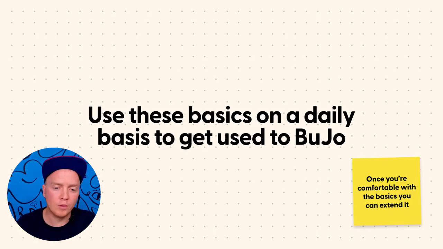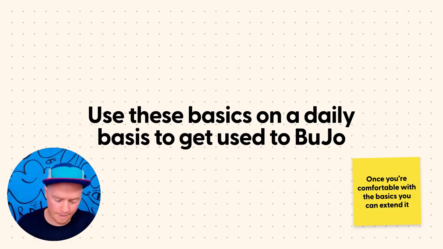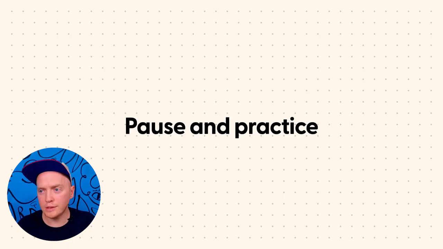So what I suggest now is getting used to these basics on a daily basis to get used to bullet journaling. And then once you're comfortable with the basics, you can extend it. So what I want you to do now is just take 2 minutes or 5 minutes, get a journal, and just take 2 minutes now just to practice this.